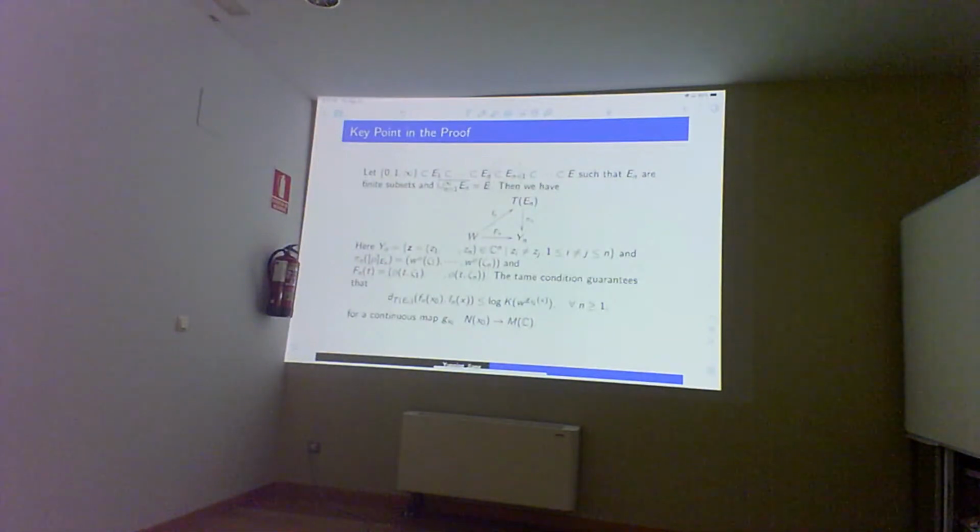So the reason is that the first part of this lifting diagram is actually not difficult, but the hard part is the second part. Then what does the Teichmüller condition really guarantee?